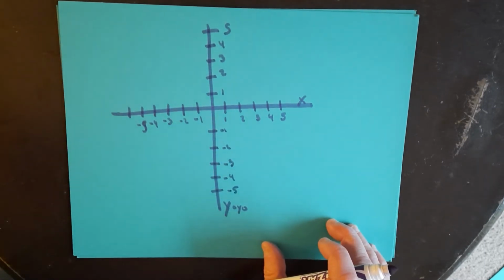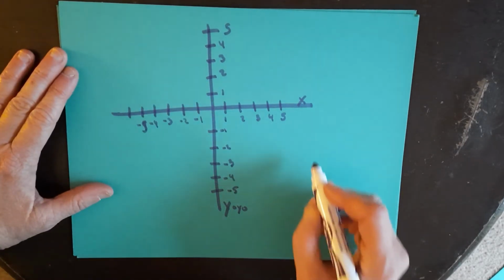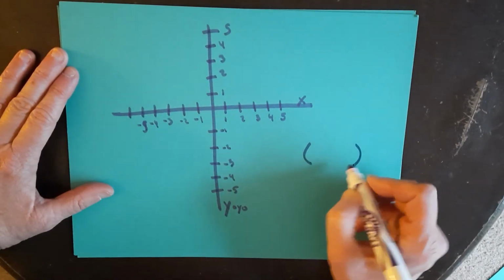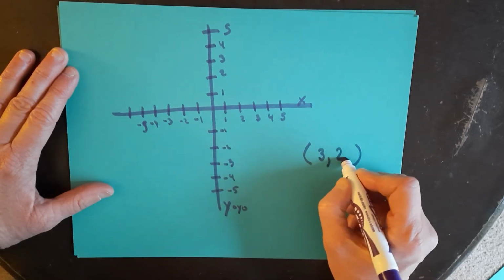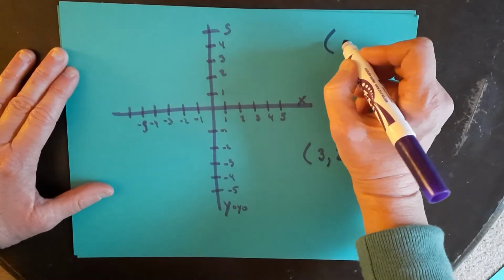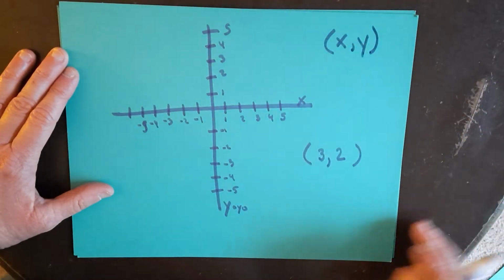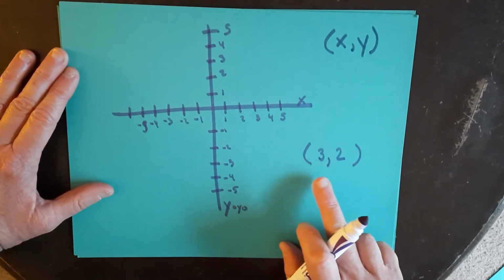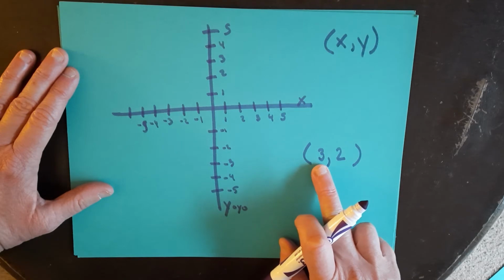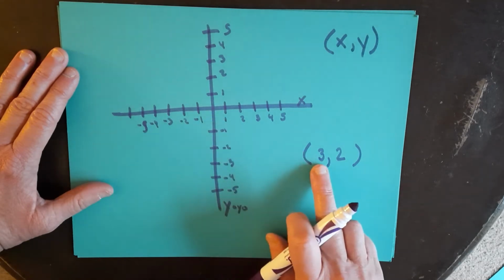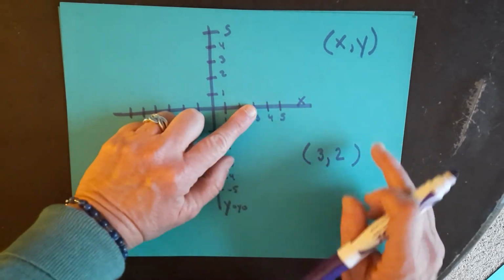Now, we are going to see if we can plot some ordered pairs on this graph. An ordered pair is just simply two numbers within parentheses. We have to keep in mind that the first number represents x and the second number represents y. So in this ordered pair (3, 2), the 3 is how far along the x-axis we're going to go. So we're going to move 3, 1, 2, 3 along the x-axis.